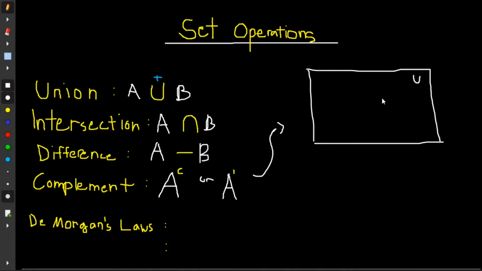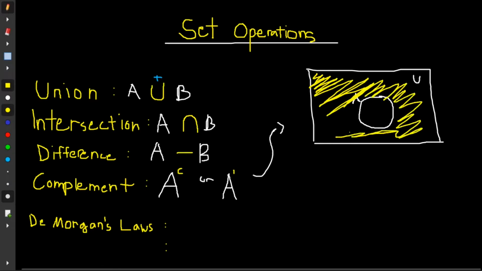Say this is set A. A complement represents all elements in the universal set that are not in A. Similarly, it means all elements in the universal set minus A. To represent it in a diagram, it contains this portion around. As you can see, it does not contain the inside because that is A.